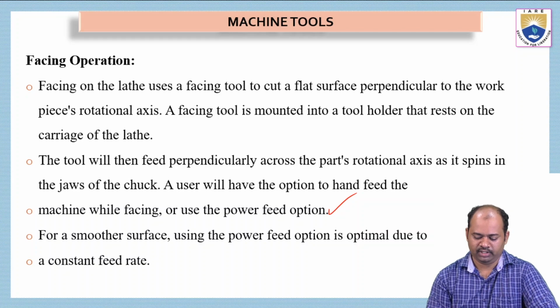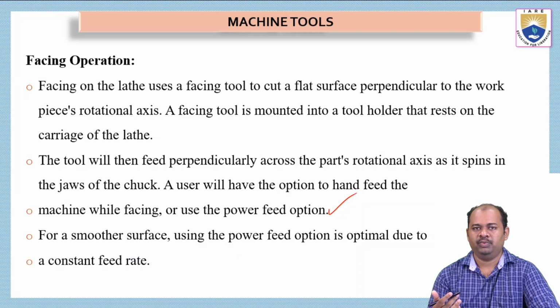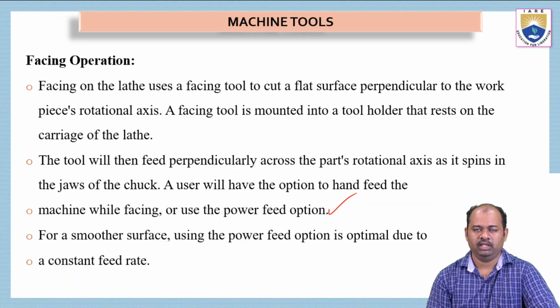For a smoother surface, using the power feed option is optimal due to a constant feed rate. When we use automation for giving the feed, it is more appropriate and optimal because it will give a constant feed rate to the cylindrical object.